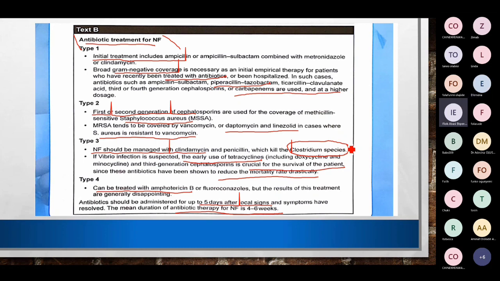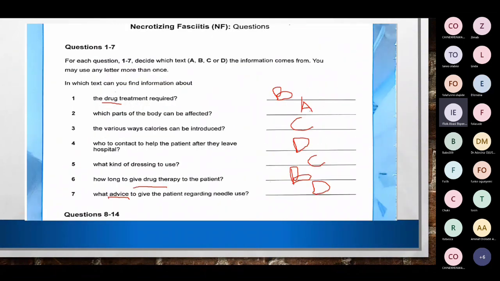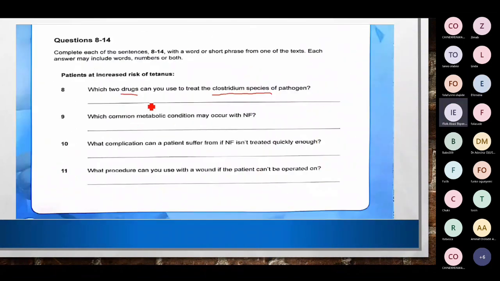So NF should be managed with clindamycin and penicillin. That's 2 drugs, which kill the Clostridium species. So the answer here is clindamycin and penicillin. That's the answer for number 8. Just come back here and provide your answer here.